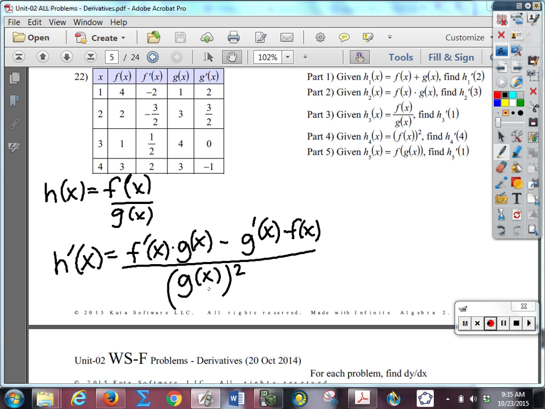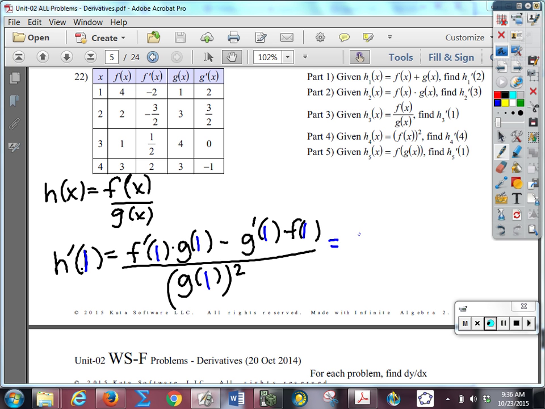So if you want to find for part 3 h of 1, then you just need to put a 1 in all of these and figure out what that equals. And then you just get that off the table.